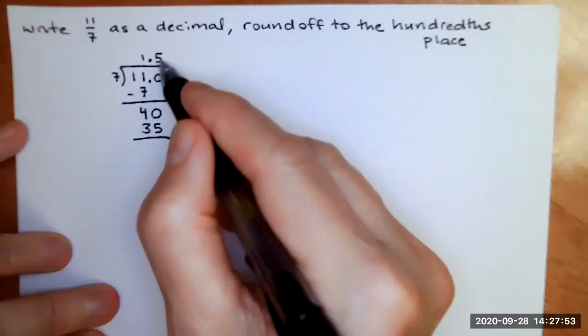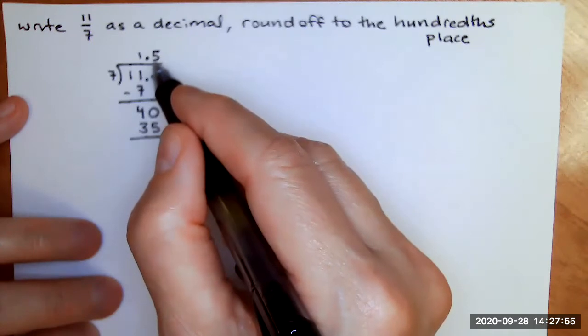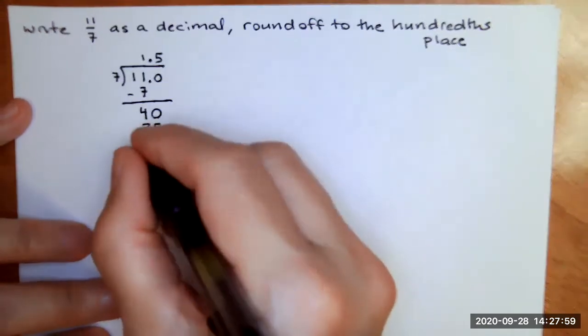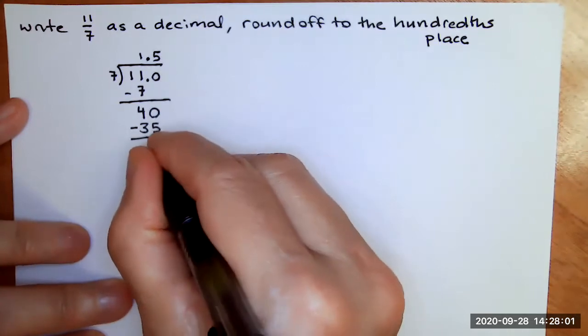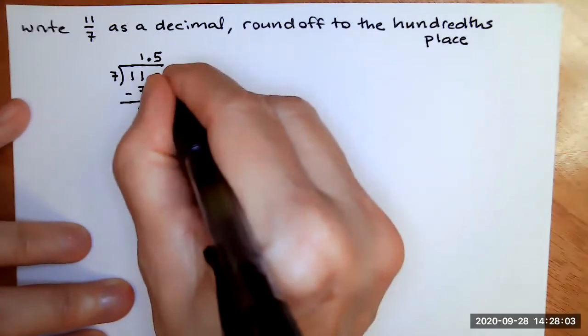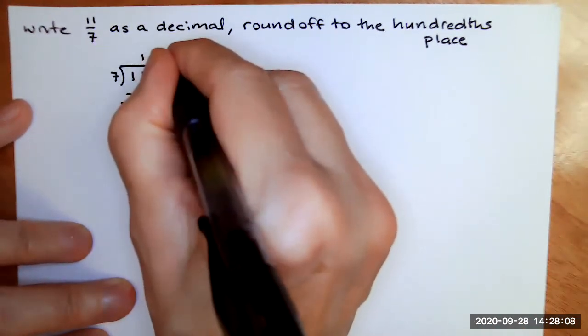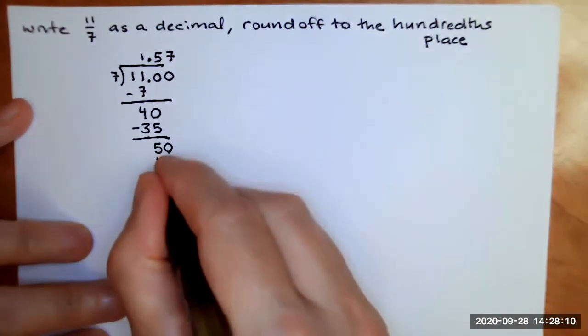I can stop and say, have I gone far enough? Well, the 5 is in the tenths place, so no. So we subtract, and we get 5. Add another 0. That goes in 7 times.